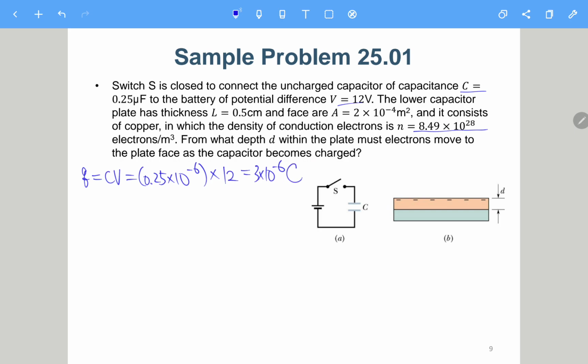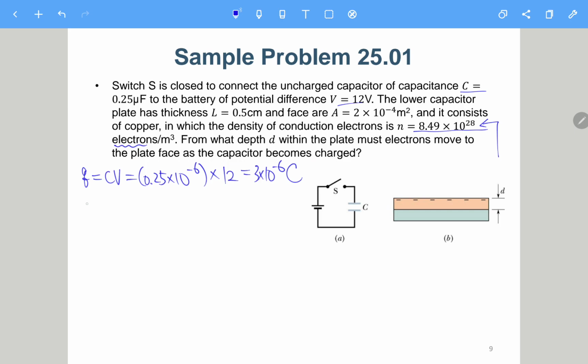This is the first step. Next we would like to consider how many electrons there are, because the density counts how many electrons rather than the charge amount.